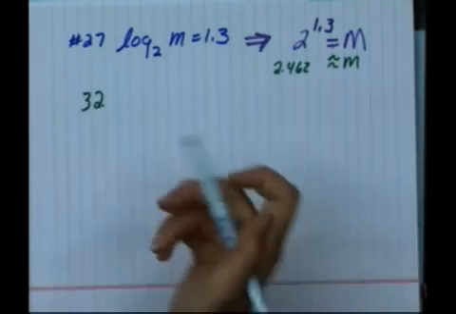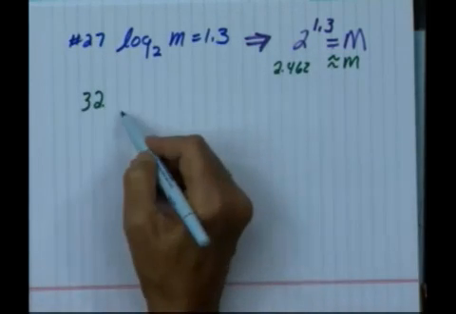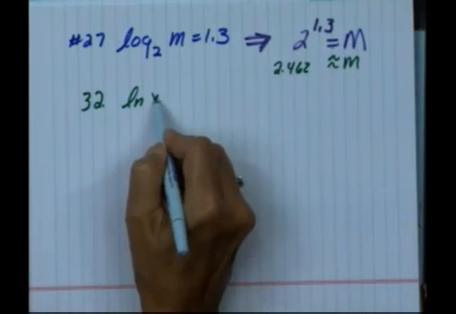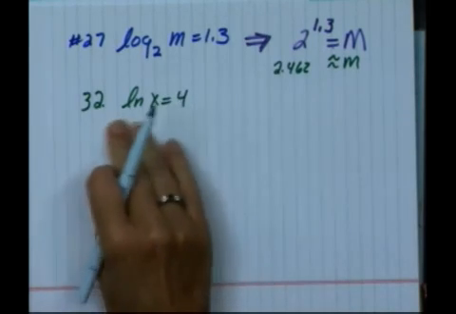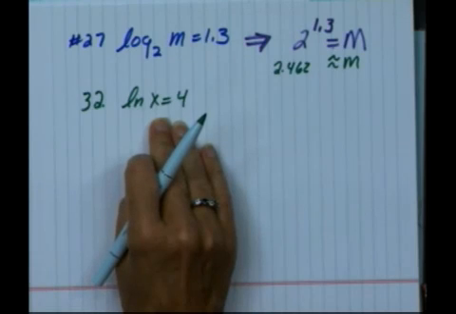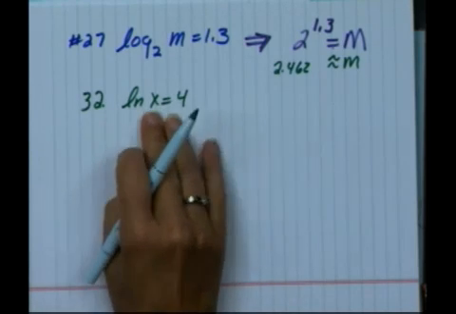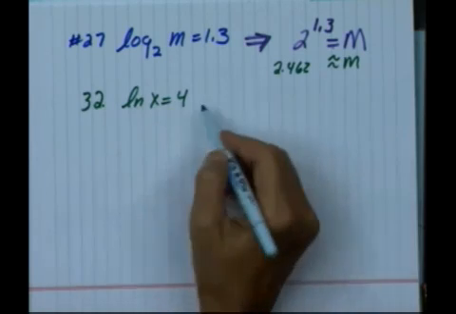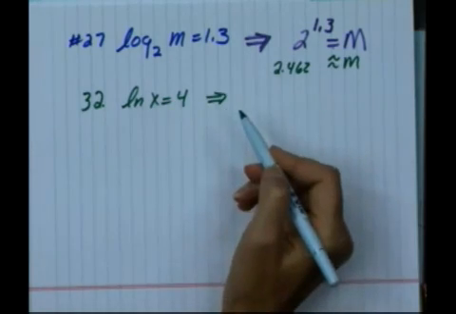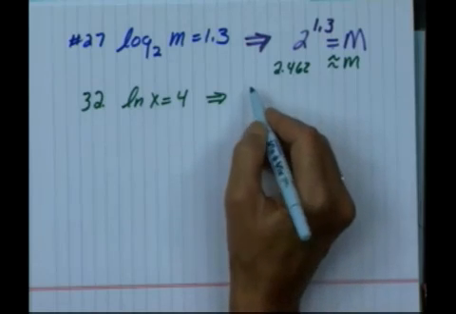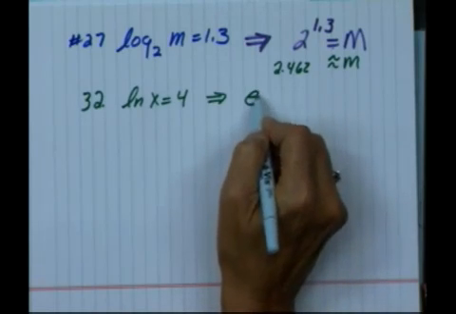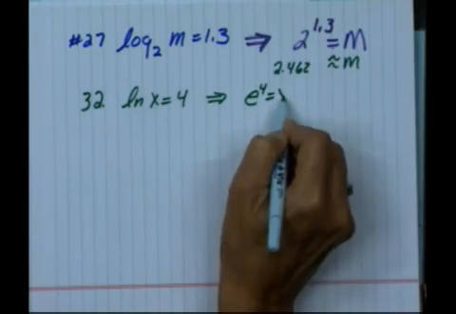Number 32, we have ln x equals 4. What kind of equation do I have here? A natural logarithmic equation. Let's convert it to an equivalent exponential equation. What's it going to be? e to the 4th equals x.